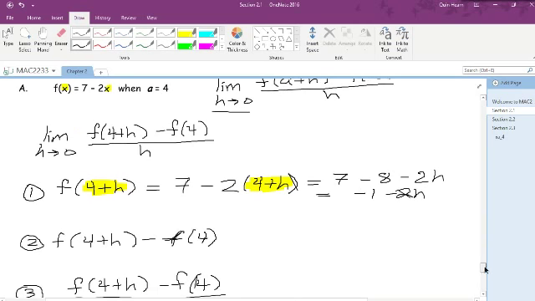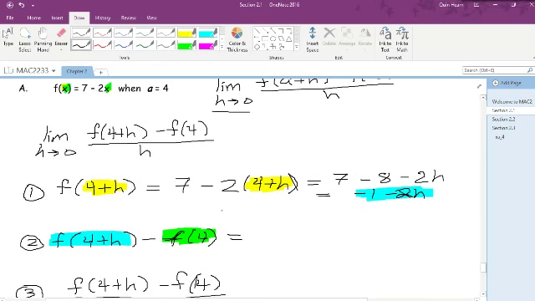Okay, so we found f of 4 plus h. This part, we just found, is negative 1 minus 2h. F of 4, we haven't figured out yet, but what would you get if you plugged 4 in for x?